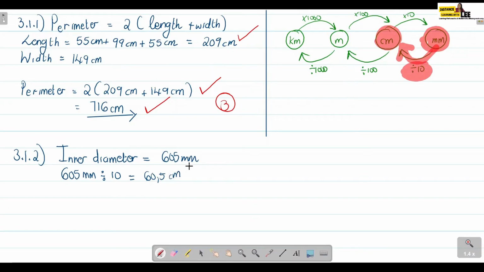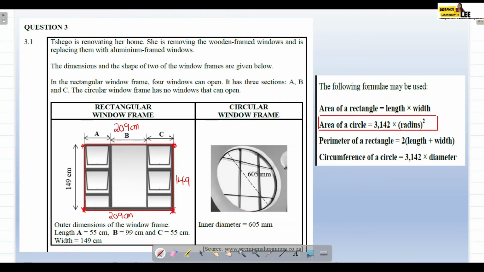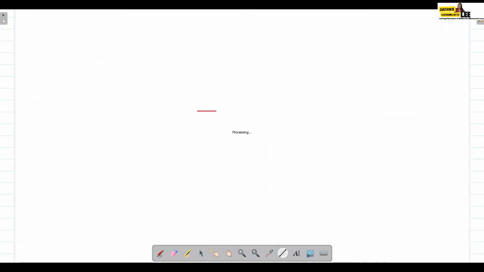60.5 centimeters. So our inner diameter, which I write as diam, is equal to 60.5 centimeters. For us to be able to use the area formula for a circle, we need to have our radius. Remember in the previous video tutorial, I mentioned that the radius is the distance from the center of the circle to the circumference, and that distance is half of our diameter.